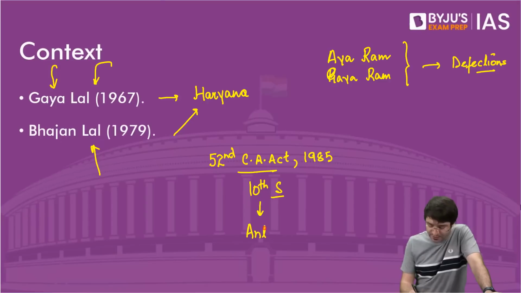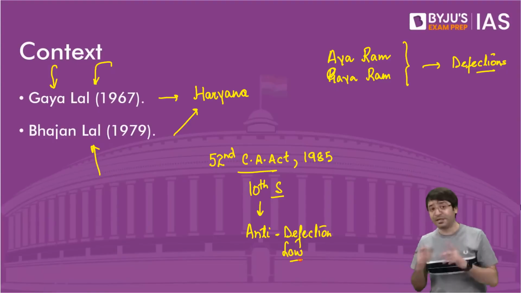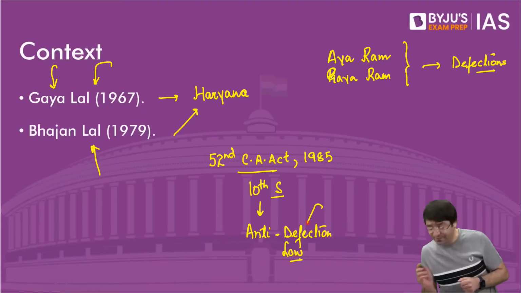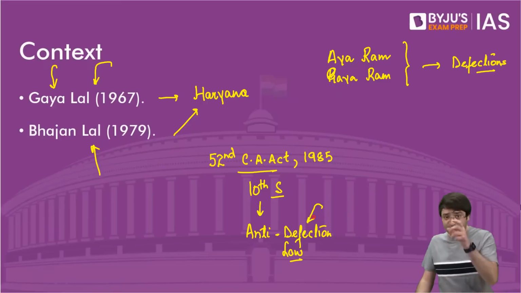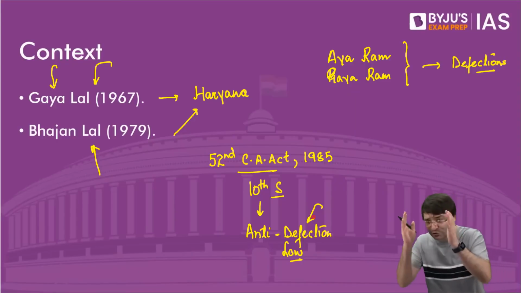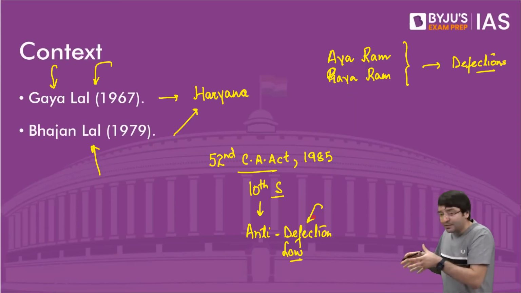And this 10th Schedule is known as the Anti-Defection Law, which means a law which will prevent these defections, which will prevent these party hoppings, floor crossing, which will ensure that stability of the government is intact so that the government can focus on governance rather than keeping their flock together.